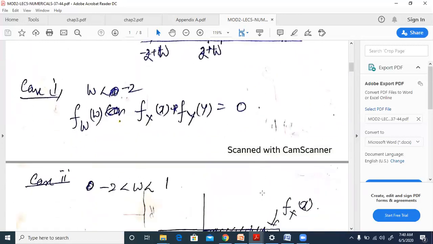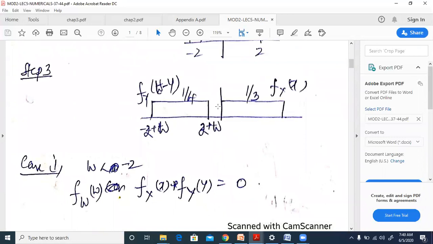Then, as soon as this point crosses this, we'll have w greater than -2, or -2 less than w. So as soon as this point crosses this, we'll have partial overlap till the time this point comes to this point.